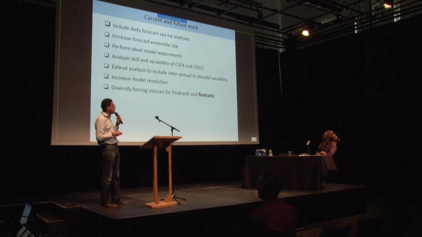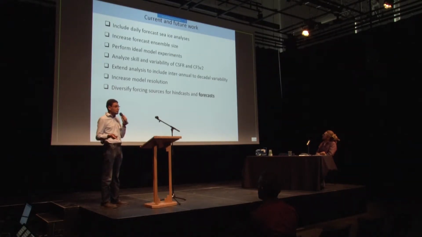We need to study the variability of RASM compared to itself, so we need to run some ideal model experiments with RASM, and we need to do something similar with the forcing data being CFSR and CFS V2. We need to analyze the scale of these models and the variability in them so that we know where the error in our target month forecast is coming from, because our initial conditions are relatively more accurate.